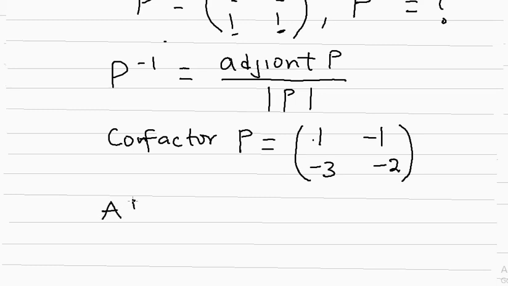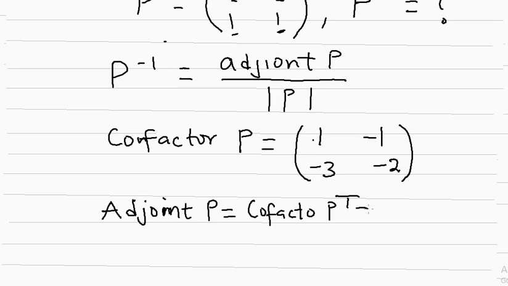So the adjoint of P is the cofactor of P, transposed. How do we transpose a matrix? We transpose a matrix by changing the rows to columns. The first row becomes the first column, that's going to be 1, minus 1. The second row becomes the second column, minus 3, minus 2. So that is the adjoint.